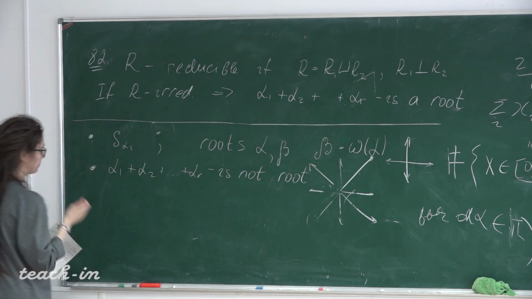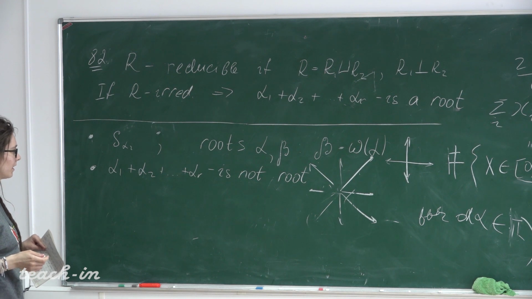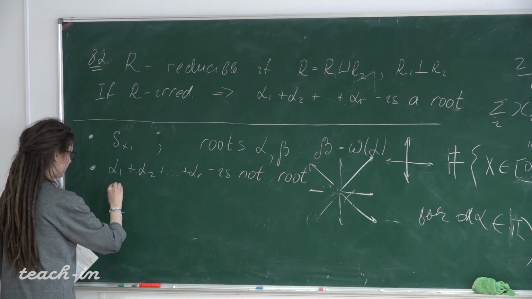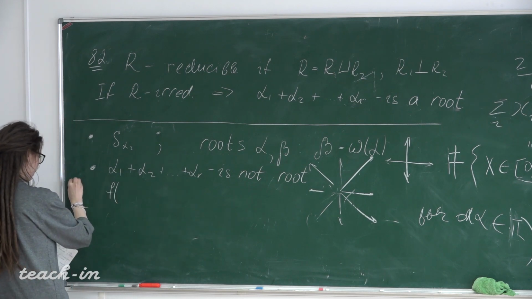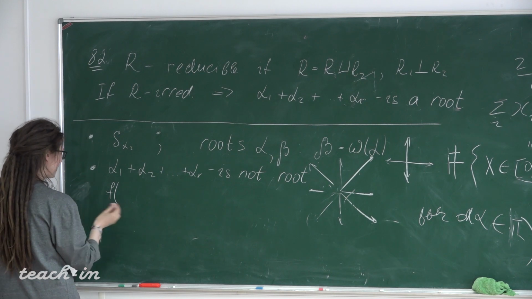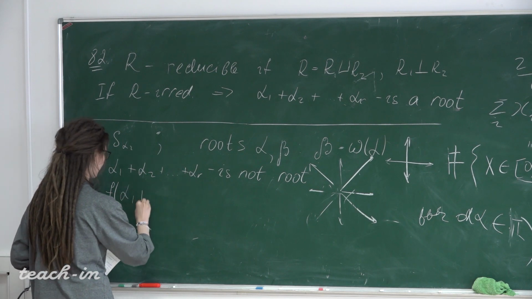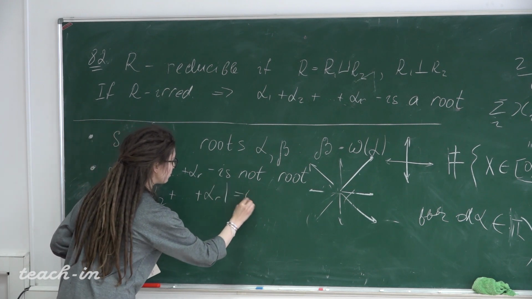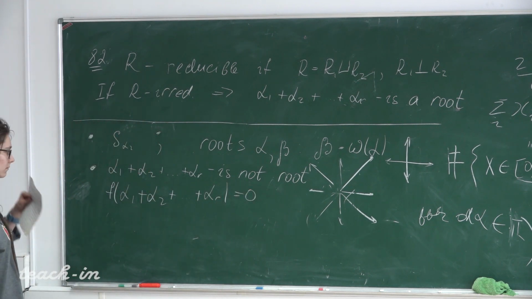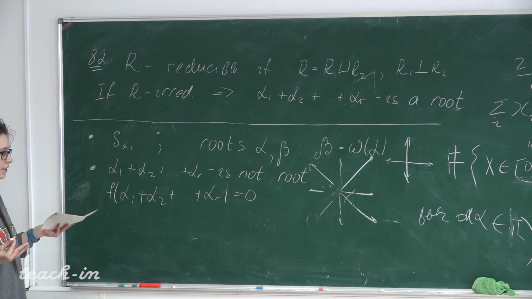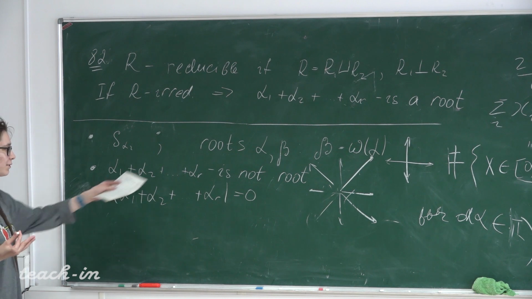And then we want to say that there exists a function f, an element of E star, such that if this is not a root, it is zero. So the function is a linear map from E to C. This is a strange argument: let there exist a function such that if it's not a root, it will be zero.